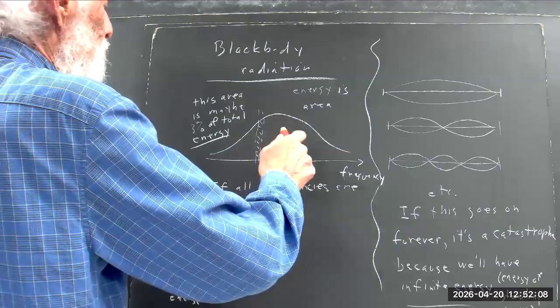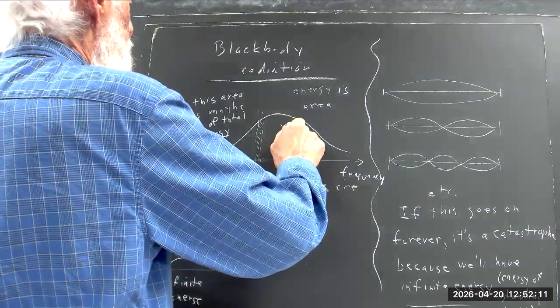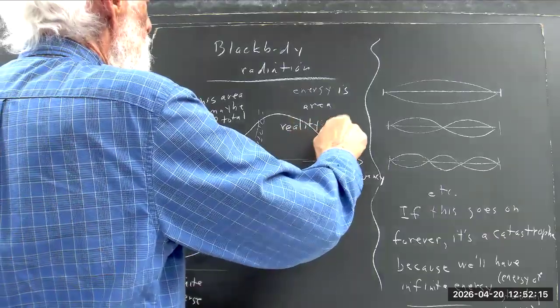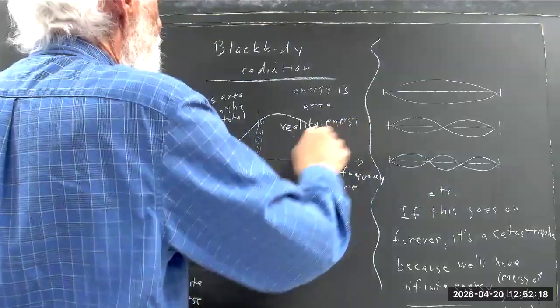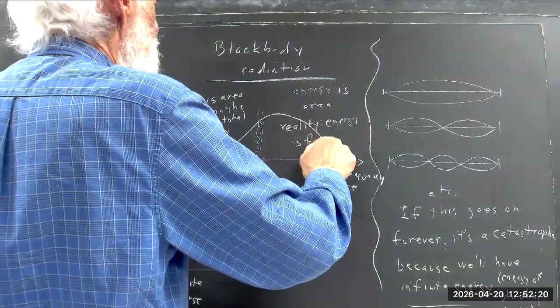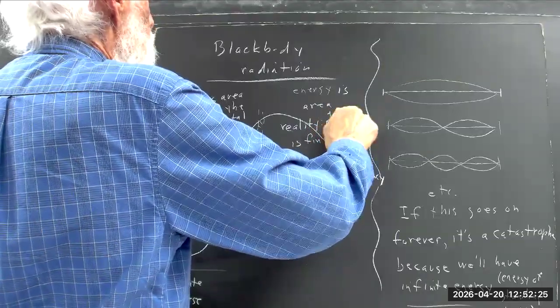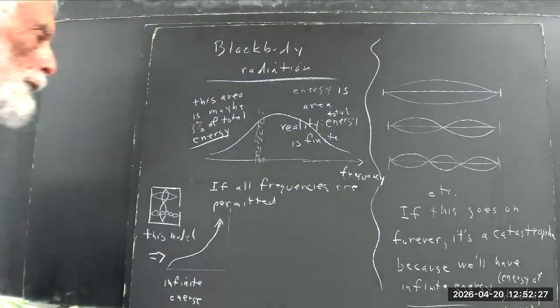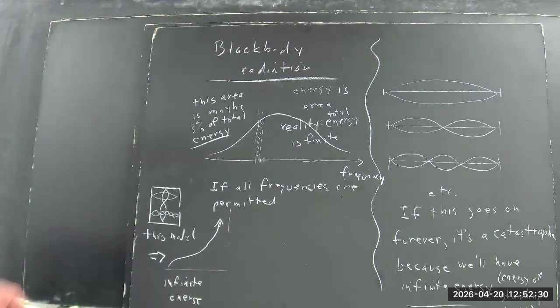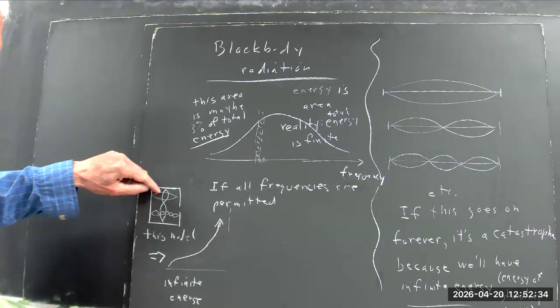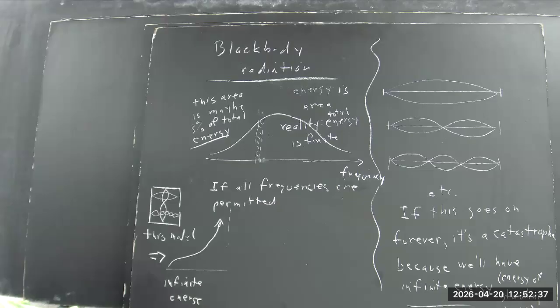This is reality. Total energy is finite. Now, I'm oversimplifying it. This is electromagnetic radiation.